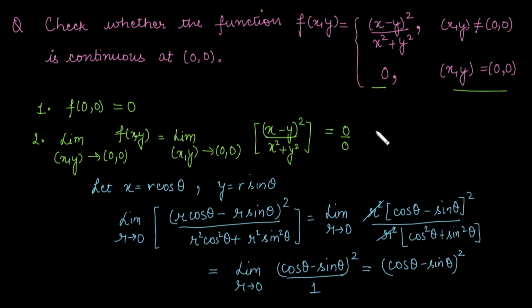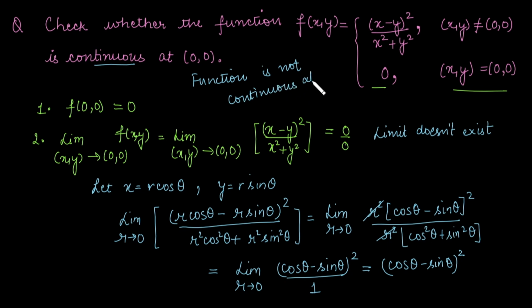So in this case, this limit does not exist. If the function limit at origin does not exist, it means the function cannot be continuous. In this case, function is not continuous at origin.